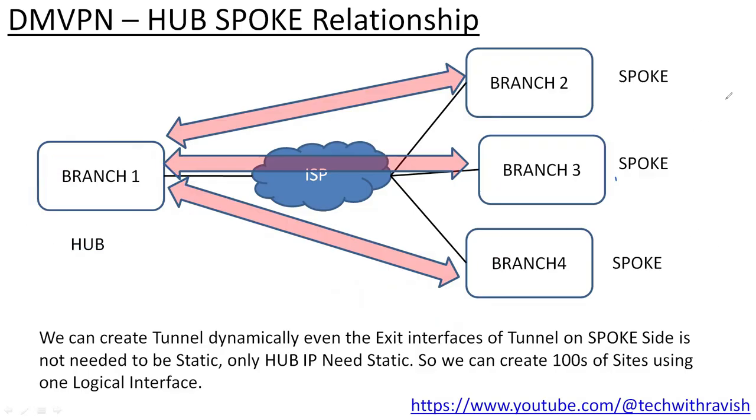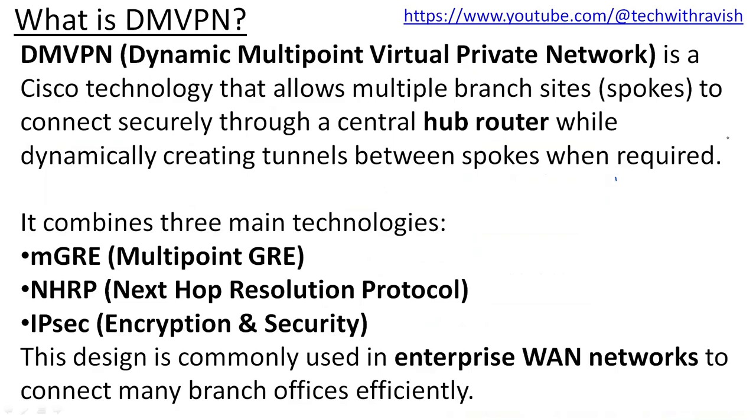Okay. Now let's talk about the definition of DMVPN. As I told you, DMVPN is a multi-point virtual private network that allows multiple branches or sites to connect securely through a central hub router while dynamically creating the tunnels between the spokes as required.